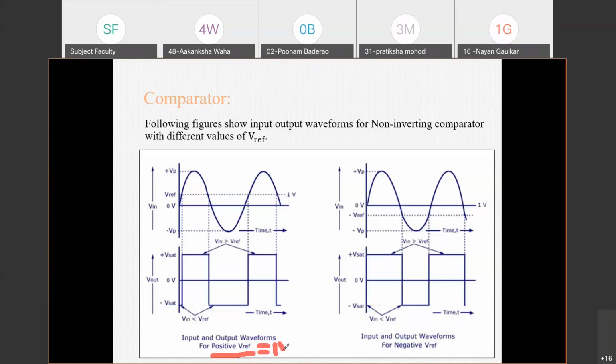Whatever discussion we have done so far, this particular waveform will denote that. Whereas the right hand side input output waveforms are for negative V reference. Here we have considered the value of V reference as minus 1 volt.